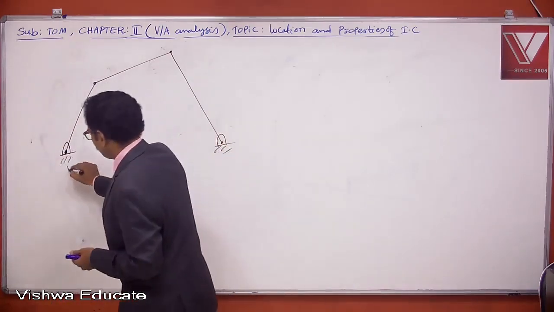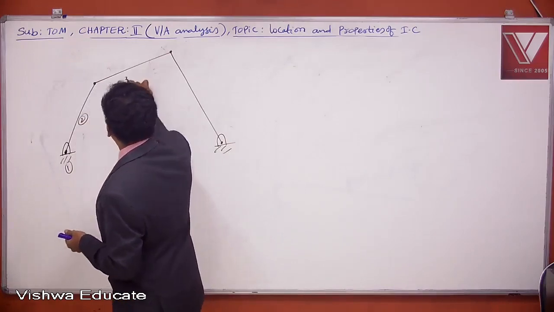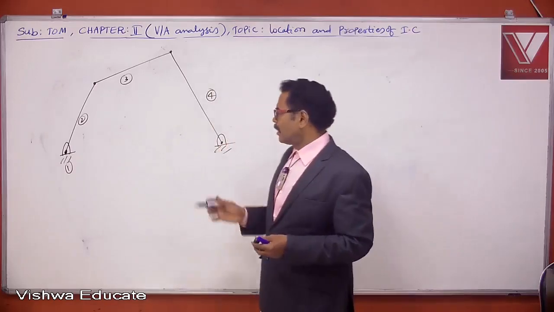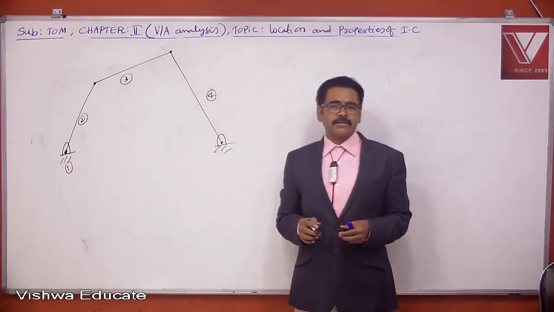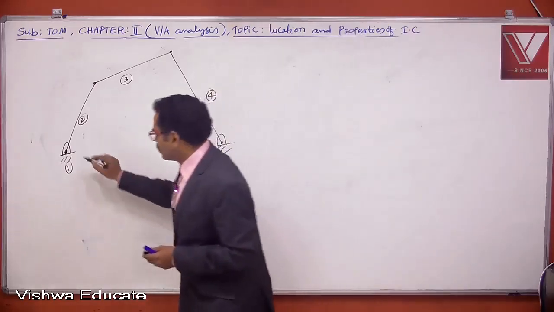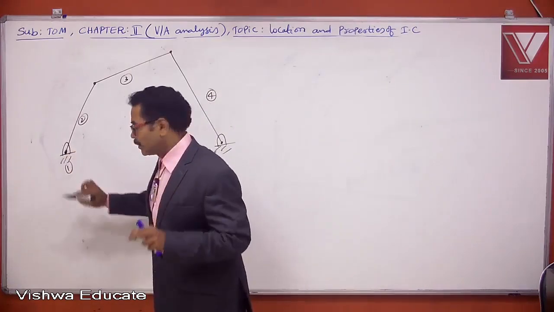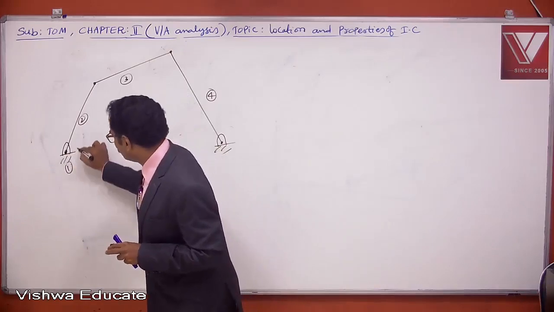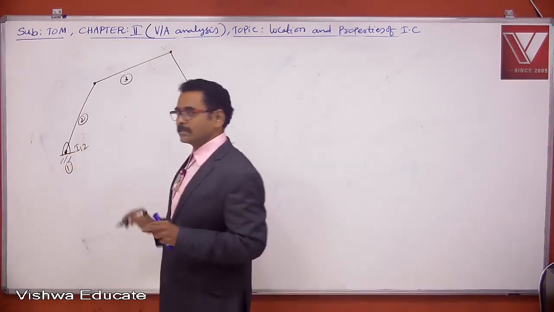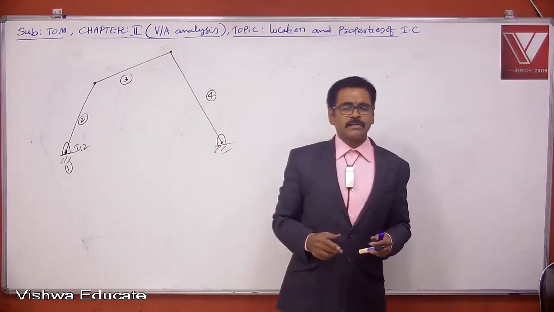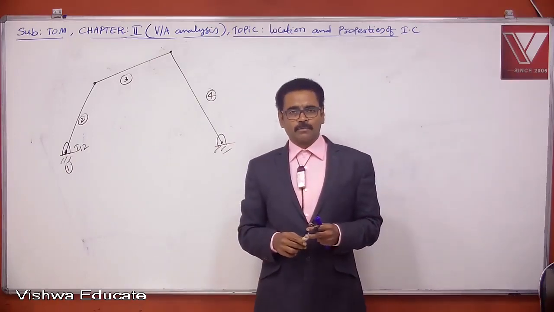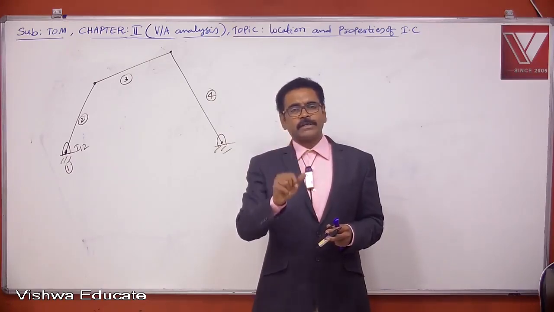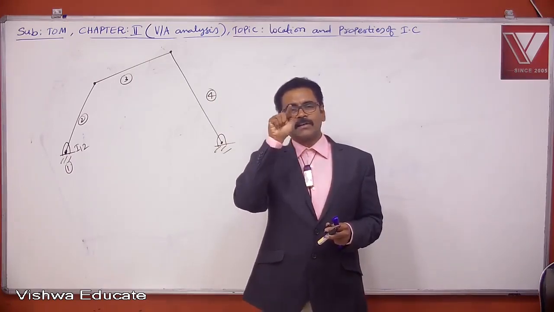For instance, this is the first link, this is the second link, this is the third link, and this is the fourth link. In this mechanism, all joints are pin joints only. At this joint, 2 links are joined. Link 1 and link 2 are joined by this pin joint. So at the center of this pin joint, their common IC lies. I12 means instantaneous center of link 1 and link 2. Got my point? When 2 links are joined by a pin joint, their common IC lies at the center of the pin.